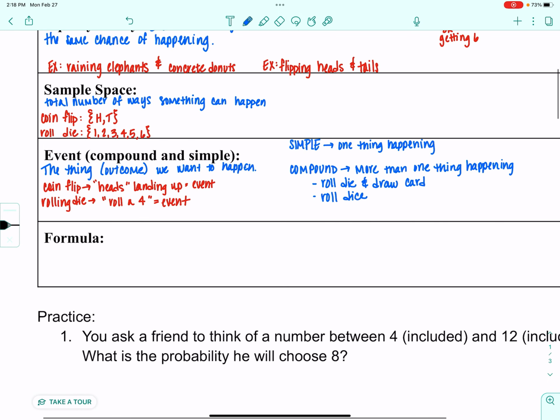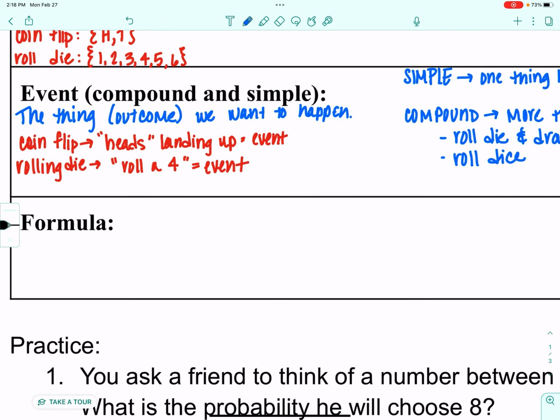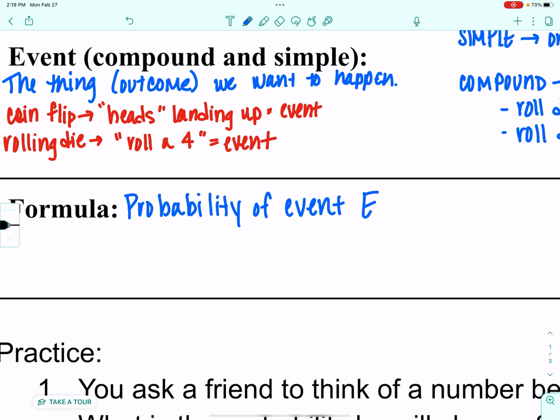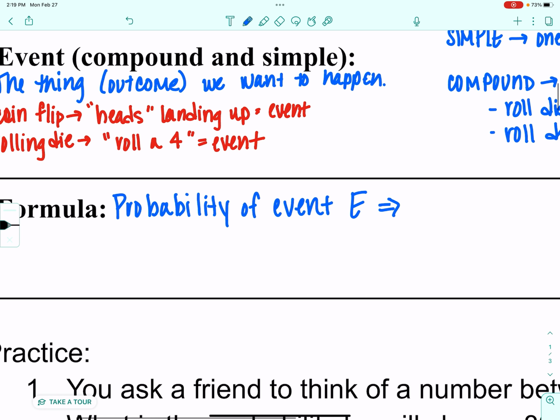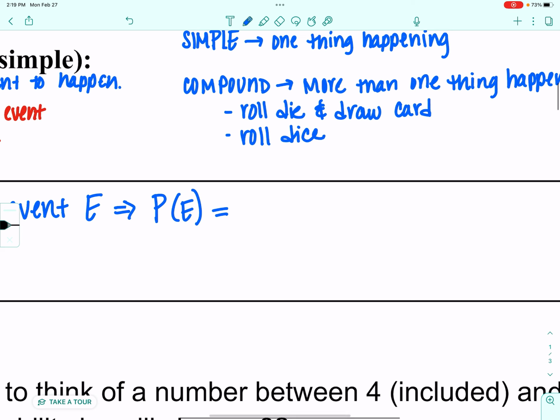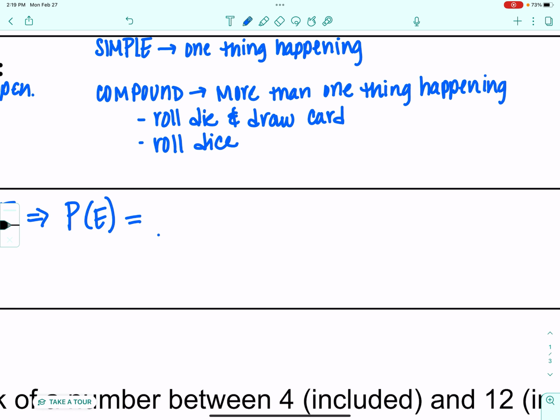Now we need to take a look at how we're going to do this. When we're calculating probability of an event, we'll call it E, we would say P of E equals a fraction.